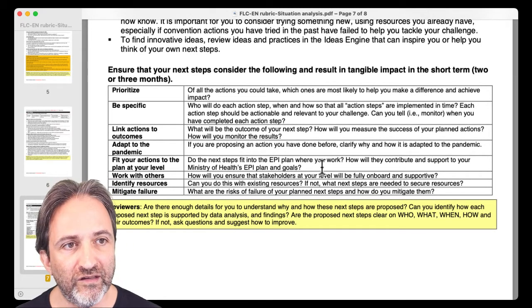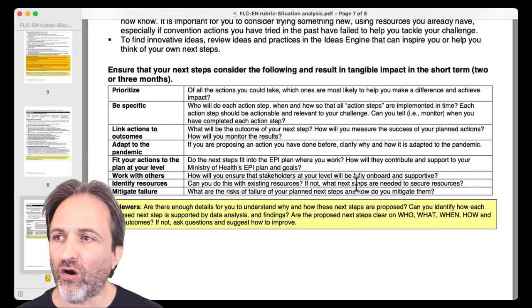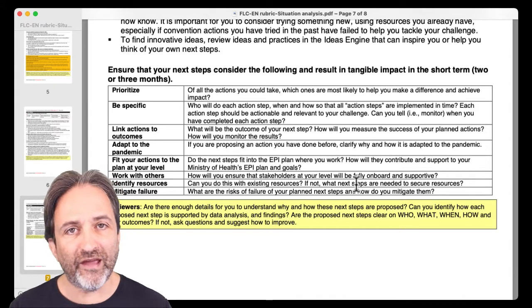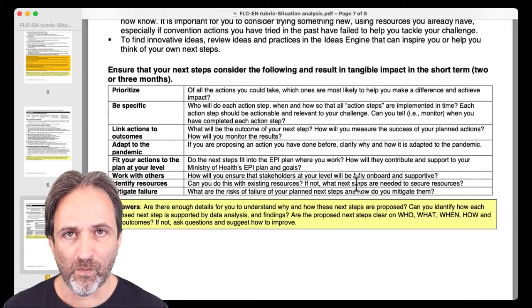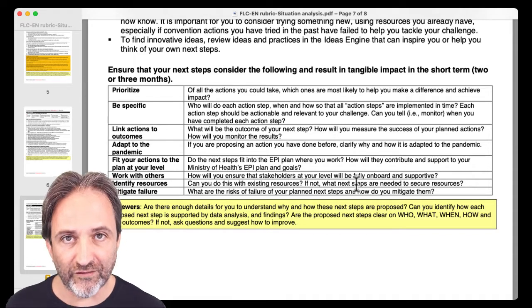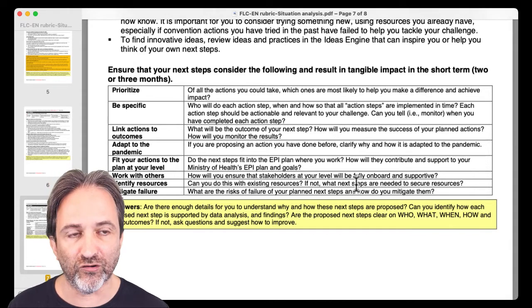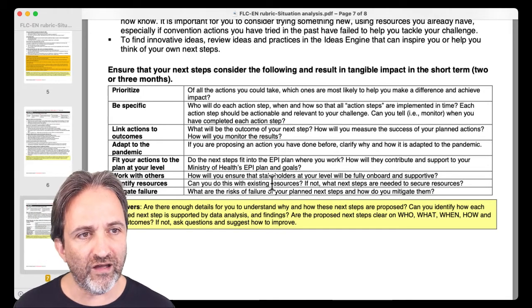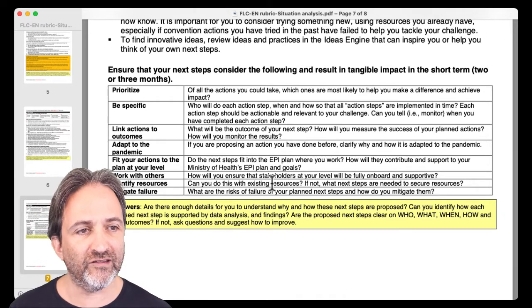What I mean is you are not doing the situation analysis in a vacuum. In your work, you probably have a plan or a micro plan at your level. And it is revised. It is the basis for the activities that are carried out by you and your team. So we want to make sure that the next steps you identify actually fit to the plan at your level.